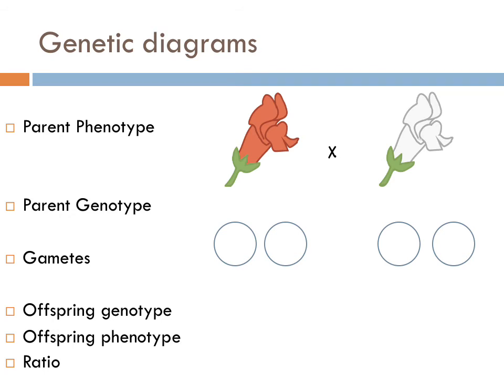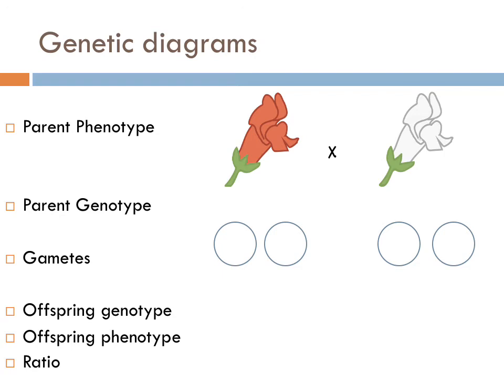We have one flower with red petals and another flower with white petals. And let's assume that the red is dominant and the white is recessive.